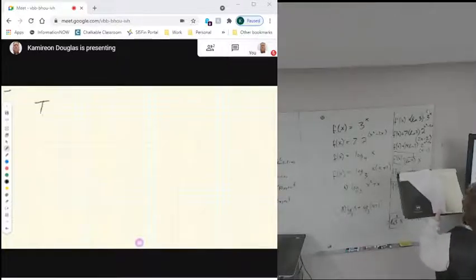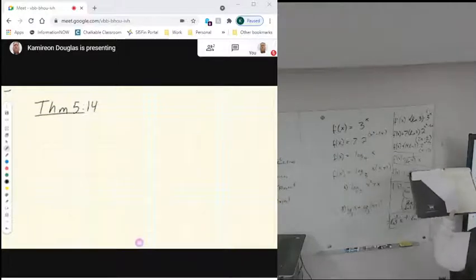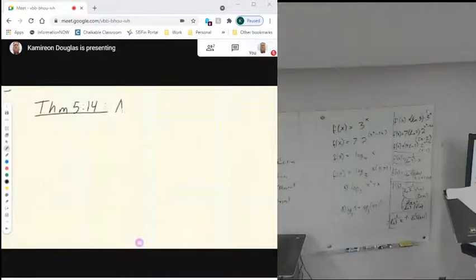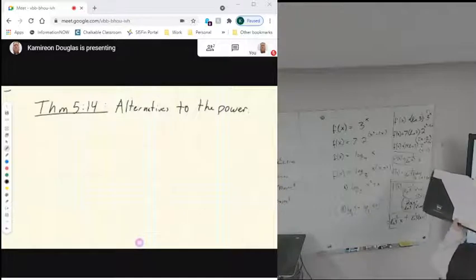Theorem 514. I knew there's a reason I was thinking of the power rule. This is alternatives to the power rule. Two parts again.